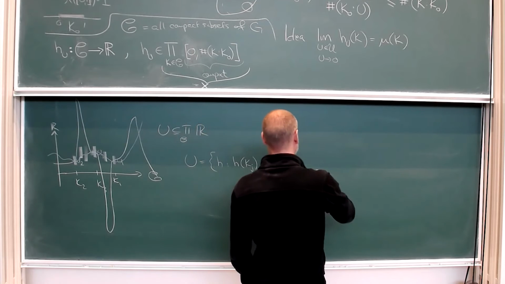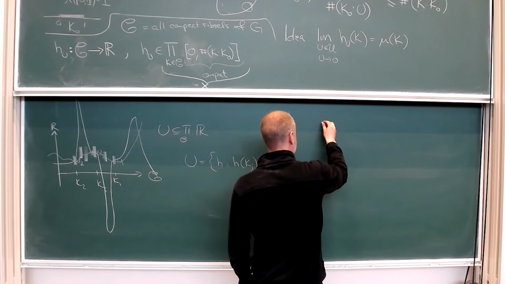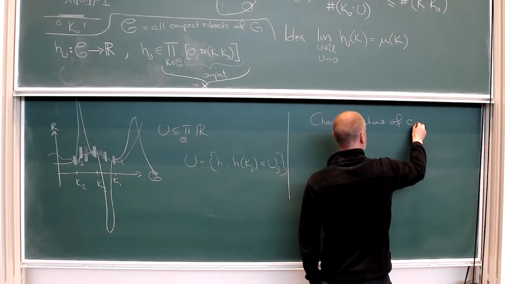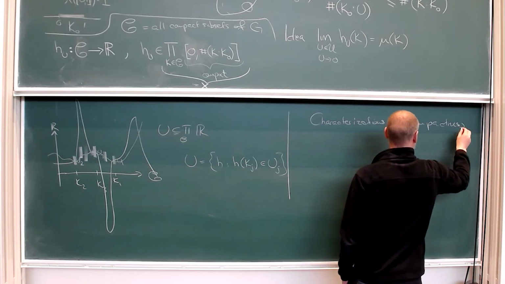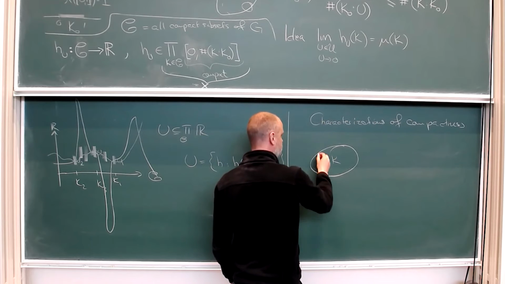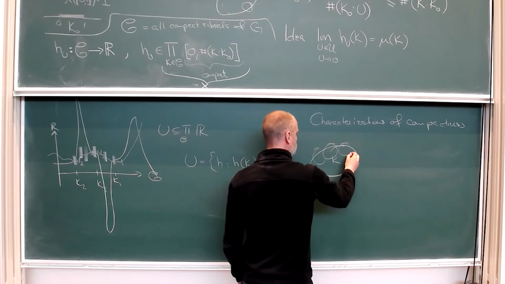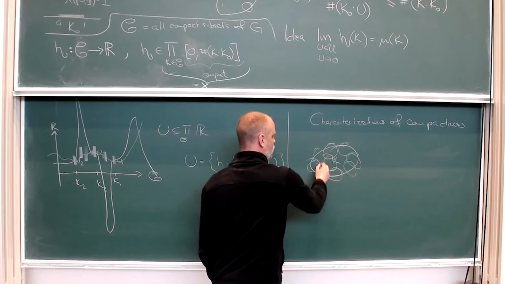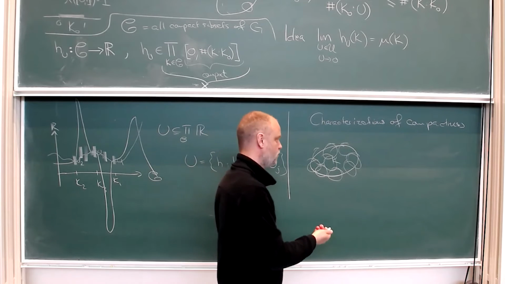Okay, what do we know of compact sets? The first one is, okay, you have your set K, take your open balls, and you have infinitely many open balls, and then you can always choose a finite subcover, right?